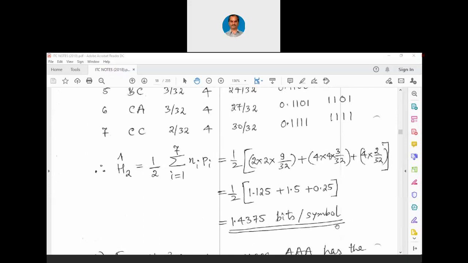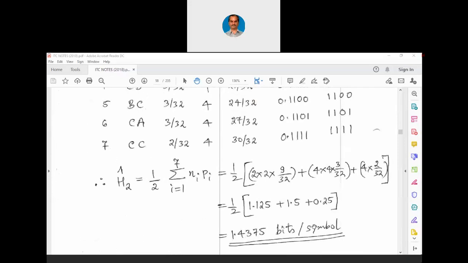This is in accordance with the theorem which we discussed at length before, which means if a sequence is having more number of symbols, then the information content per symbol gets reduced because they are statistically dependent. And that is how we can convey more, but we can transmit less when the sequence length is increasing.